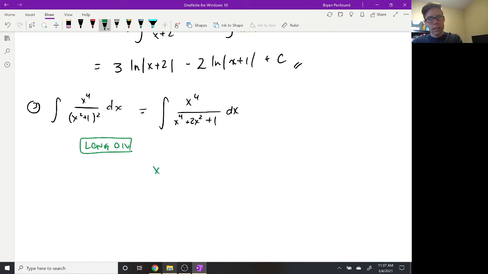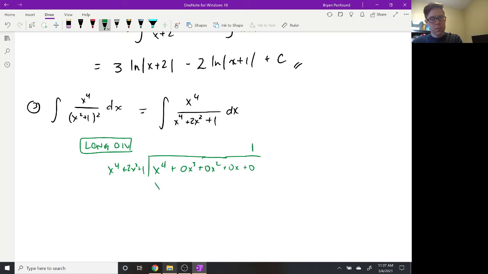And we're going to take x to the 4, and we're going to divide that by x to the 4 plus 2x squared plus 1. Okay, so I'm going to set up a bunch of placeholders here. And then notice that I really just need one copy of the thing that I'm working with.